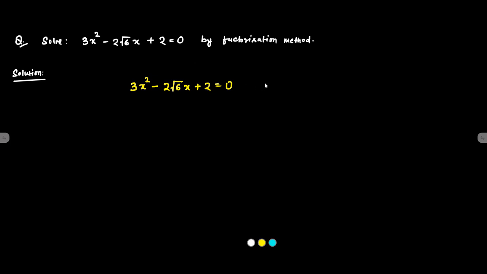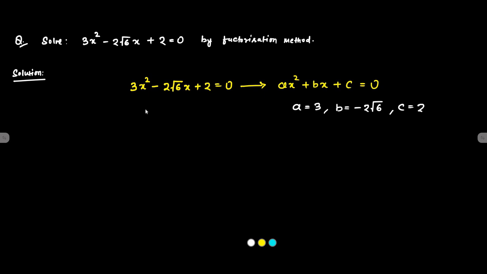Comparing it with the standard format of ax square plus bx plus c is equal to 0, we have a is equal to 3, b is equal to minus 2 root 6 and c is equal to 2.